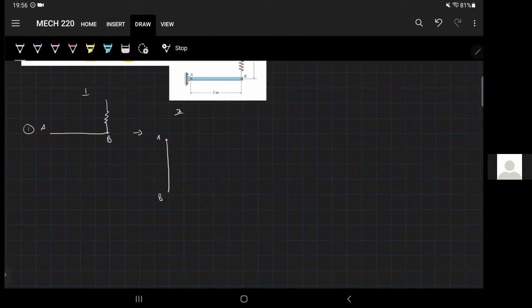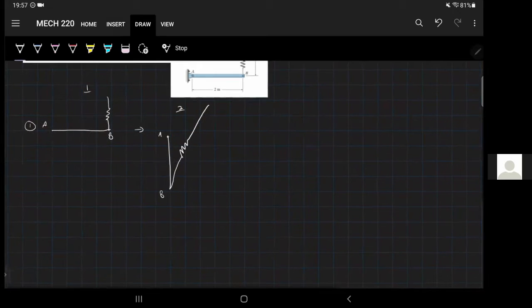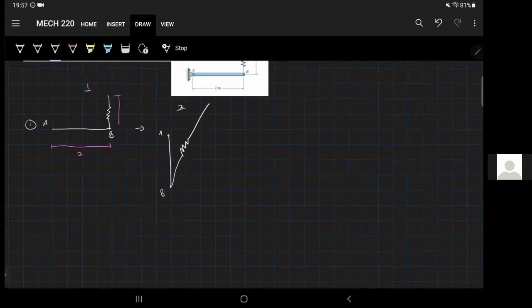A here, B here. And then you'll have your spring all the way here. Right, and I'll mention this because I'll need it after. So 2 meters here. This is 1.5 meters. This is 2 meters, and then this to this is 3.5 meters.